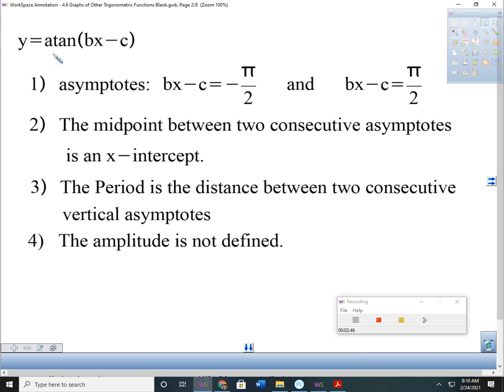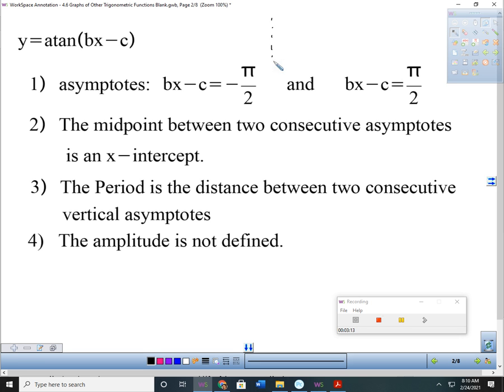So these are a little bit different, all right? So for my equations, the first thing I'm going to do is find my asymptotes. That means I'm going to take the part where I'm taking the tangent, so whatever I'm taking tangent of, I'm going to set that equal to negative pi over 2 and positive pi over 2. That's going to give me my asymptotes, all right? Then my graph will be between those asymptotes. The midpoint between my two asymptotes, that's my x-intercept, all right?